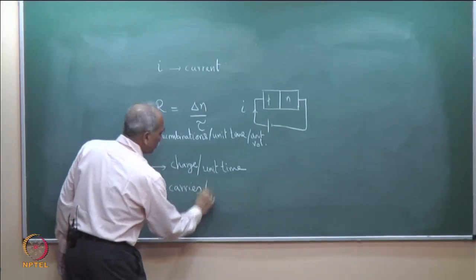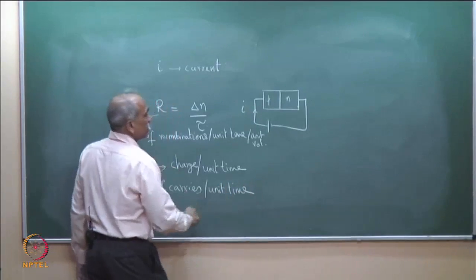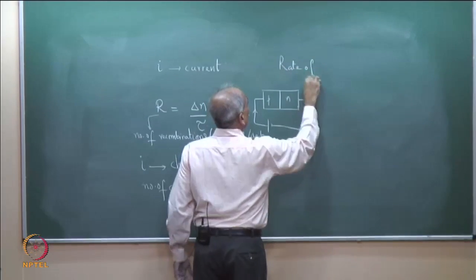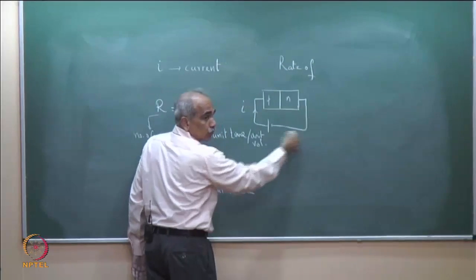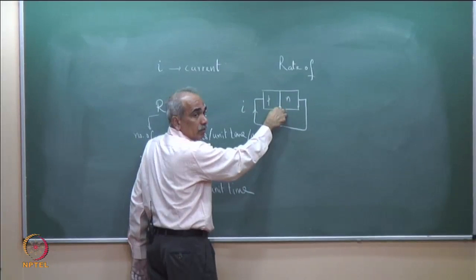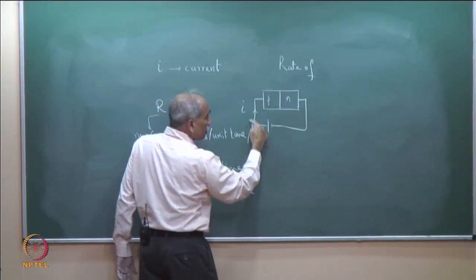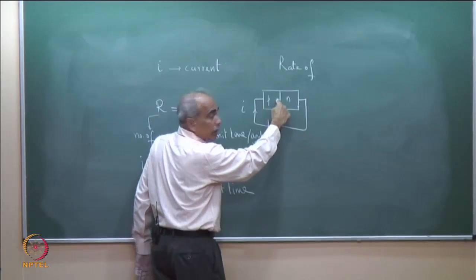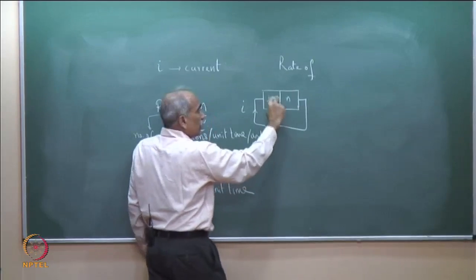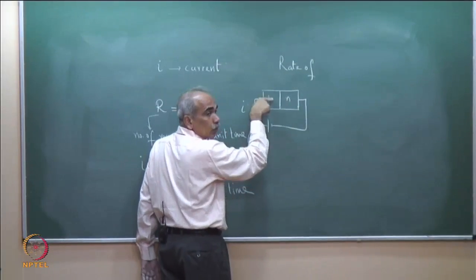Please see, rate of recombination. Why does a current flow through this? Because carriers are recombining at the junction region. The rate of recombination here is equal to the rate of injection, because it is the recombinations which is responsible for current flowing. So, every one recombination here leads to injection of an electron and a hole.